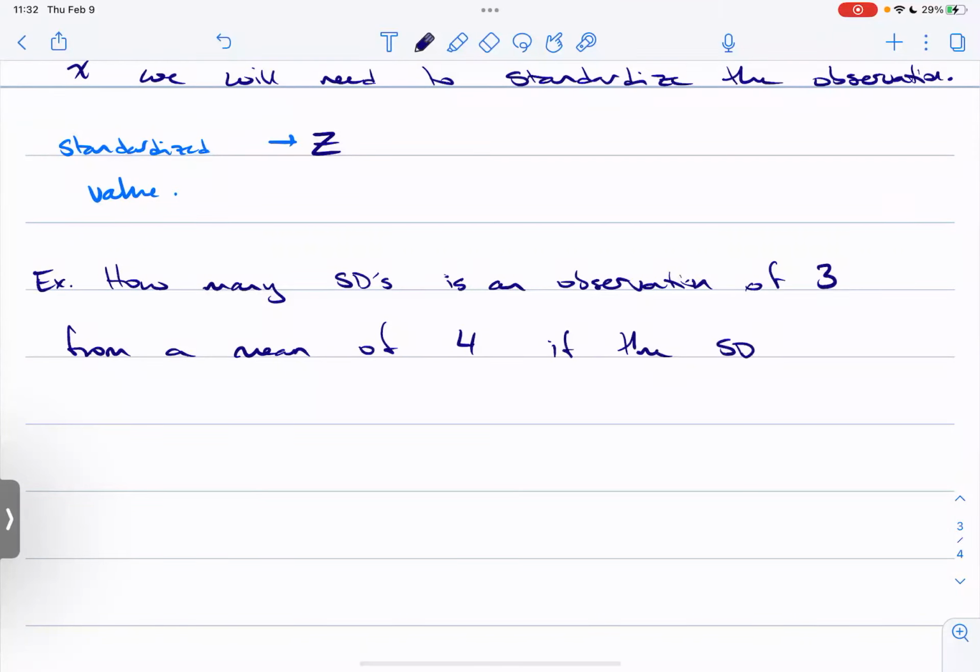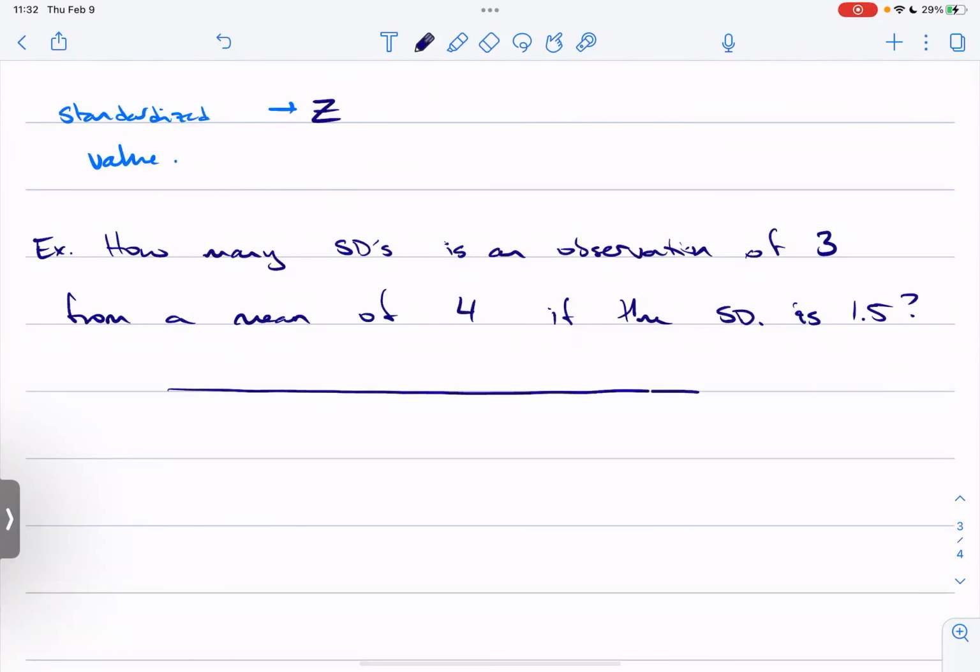I like to use a number line. I've got this observation of 3, and observations we're going to denote with X. So X is 3, and I want to know how far it is from 4. How many times can I fit 1.5 in here?